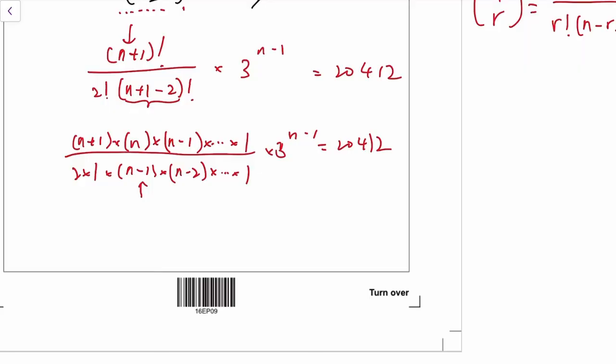So this is where the simplifying happens. We have n minus 1 times the next one, n minus 2. Keep on going until you get to 1. Well, we get the same in the bottom, so they cancel out.